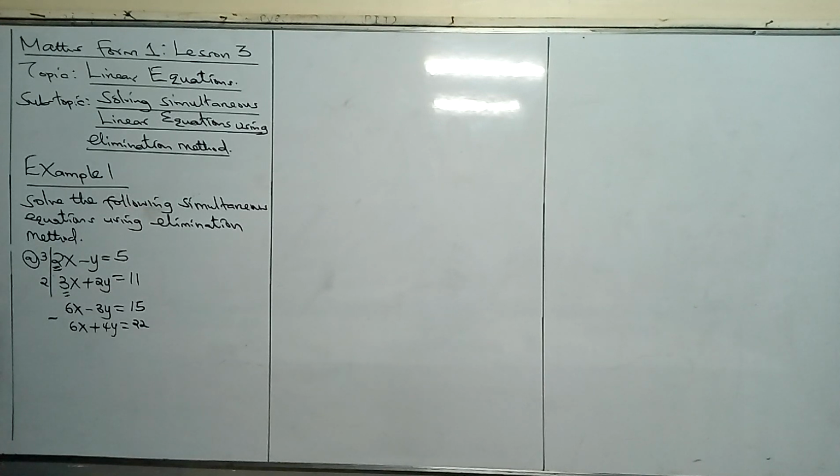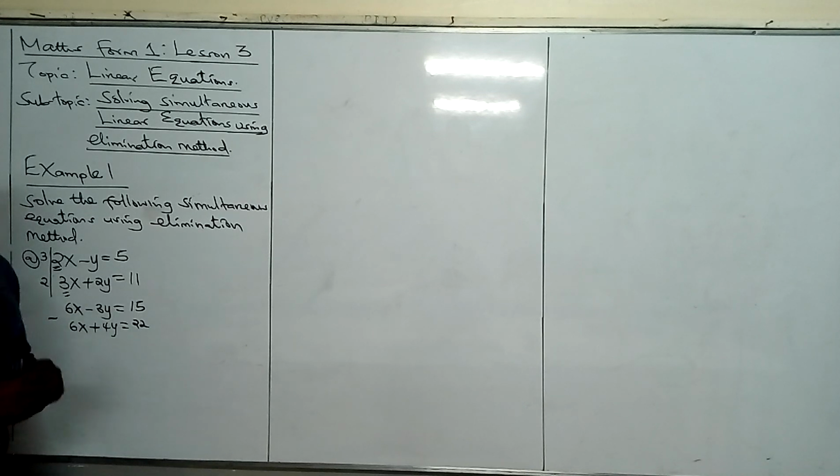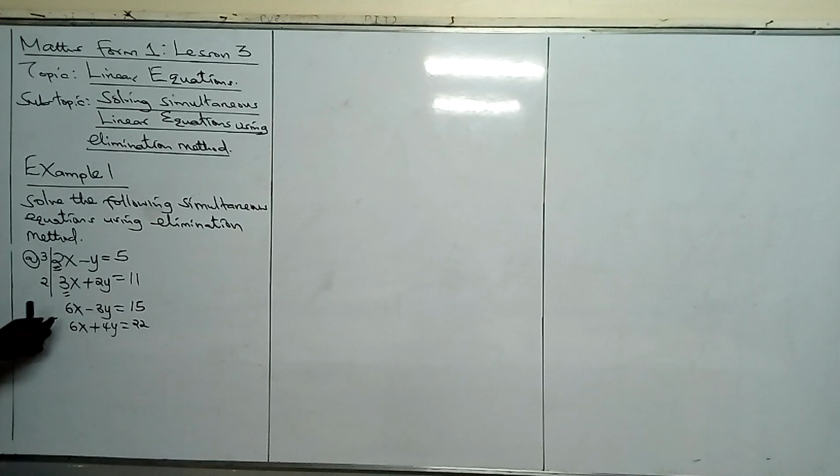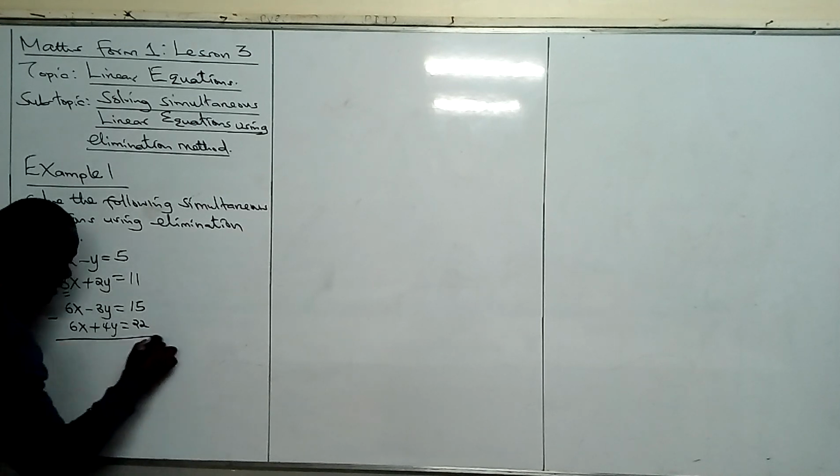What we look at to decide whether we add or subtract the equations is the signs. Behind 6x we have positive, and behind 6x in the second equation we also have positive. When the signs are equal, we subtract.